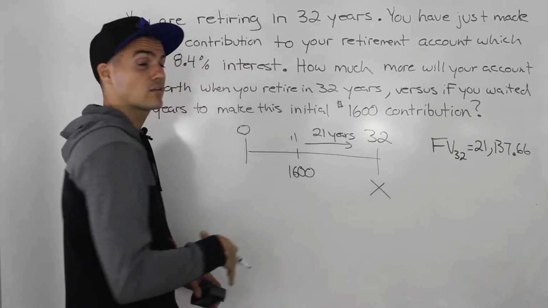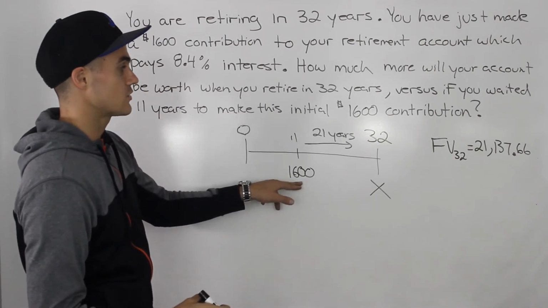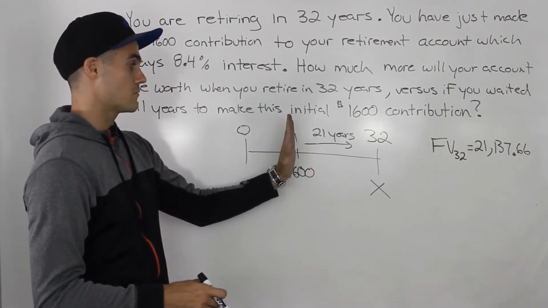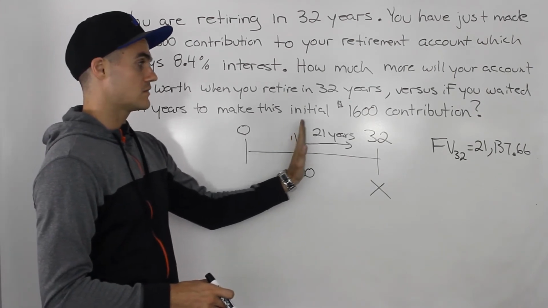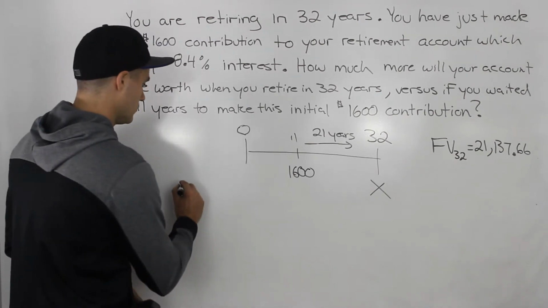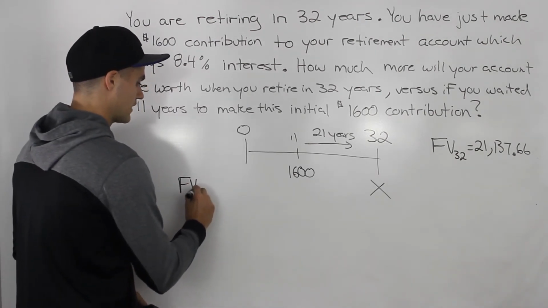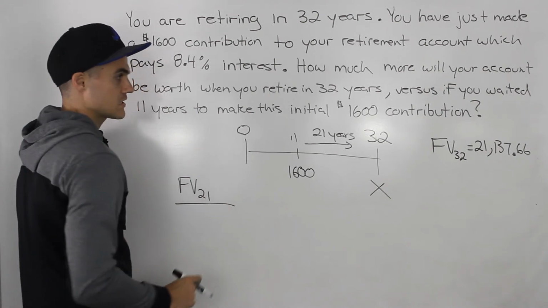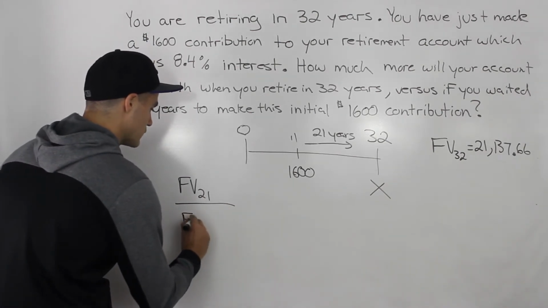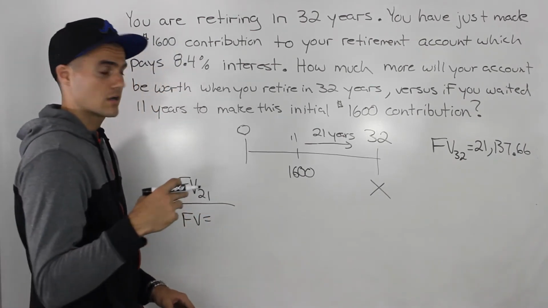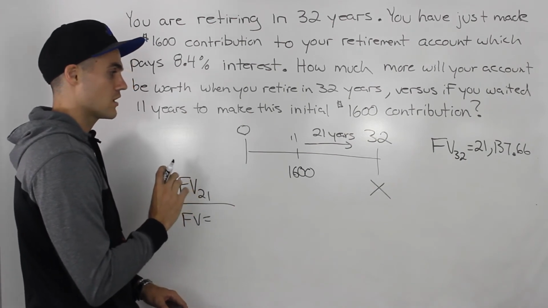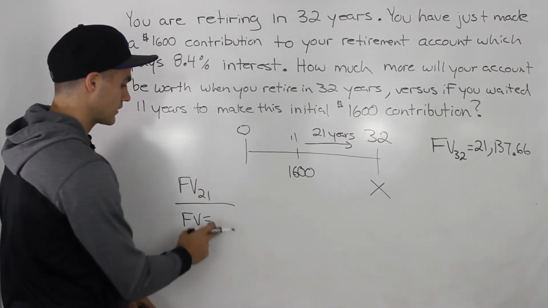So instead of compounding for 32 years, this $1,600 now is going to compound 21 years, which represents the time from time 11 to time 32 when you retire. So now what we're going to be finding is the future value for 21 years. Again, two different ways to do it. You can find the future value by using the future value of compound interest formula algebraically.